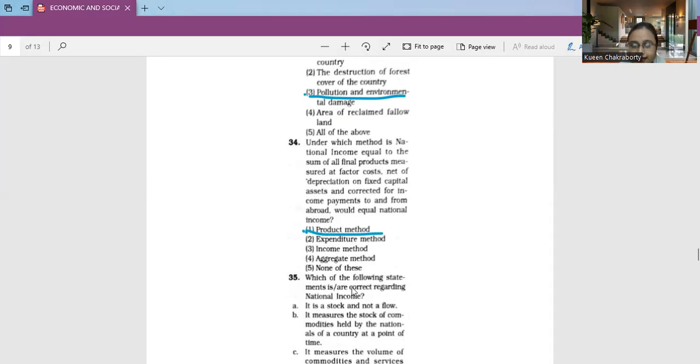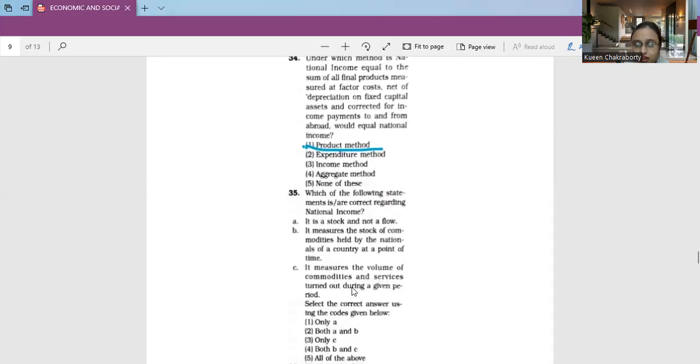Okay. Next, moving on to question number 35. Which of the following statements is or are correct regarding national income? So we have to mark which one is true. First option, it is a stock and not a flow. Second, it measures the stock of commodities held by the nationals of a country at a point of time.